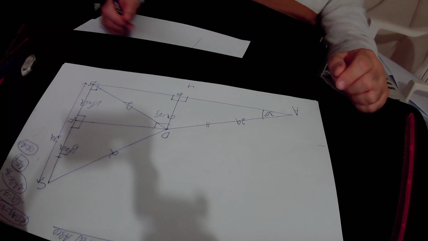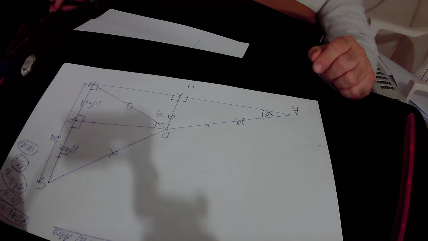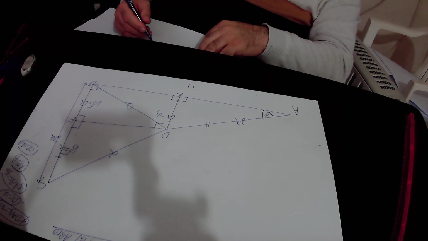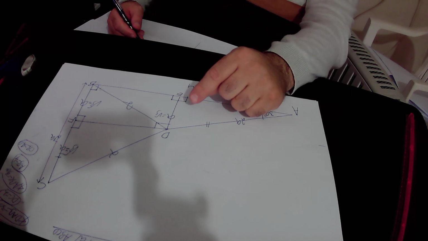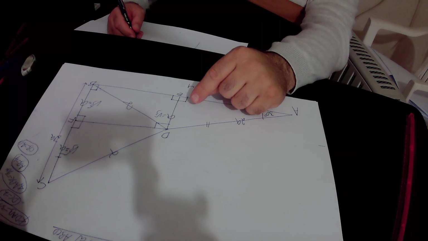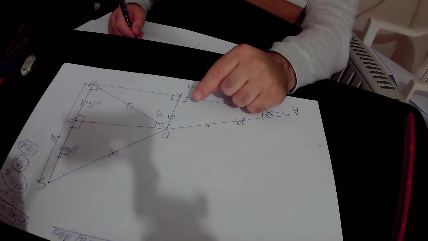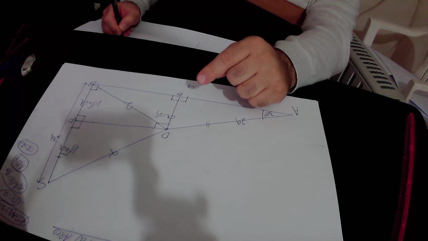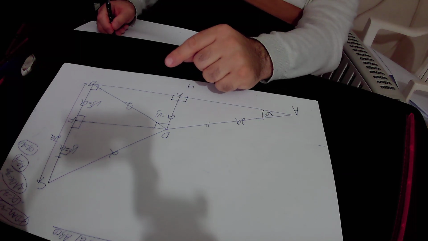According to the Pythagoras theorem, in the right triangle DEF, the square of the hypotenuse equals the sum of the squares of the perpendiculars. That is to say, DE square plus EB square equals DB square.